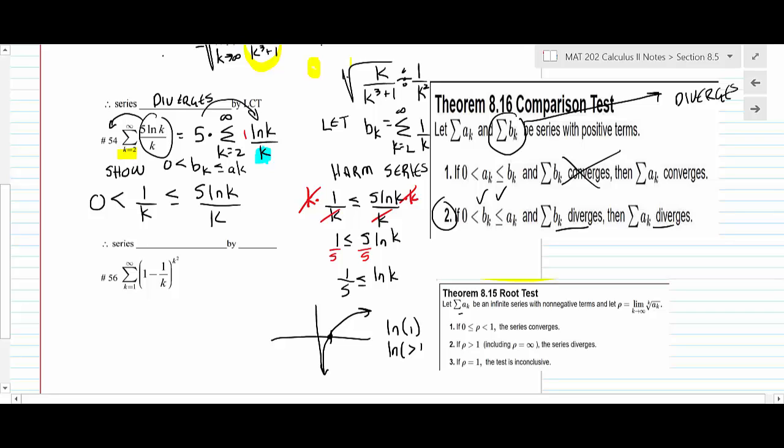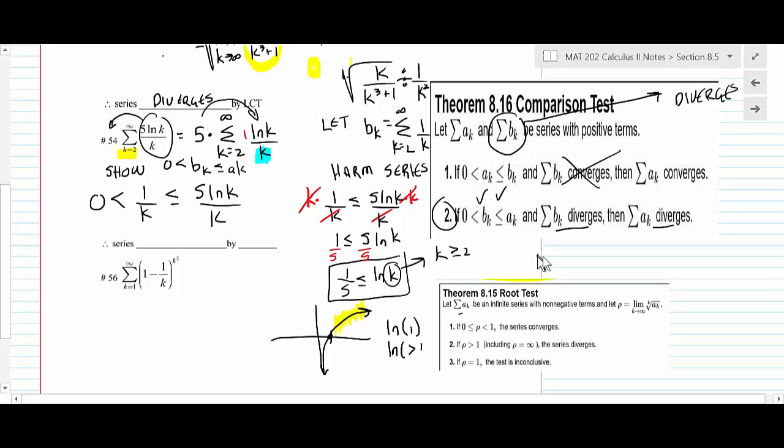Everybody agree? Okay, so if k is greater than or equal to 2, would that be true? Absolutely, because if you do the ln of 2, you're going to be in this positive part of the graph, okay, like that. And if you finished that a little bit, you could even write this in exponential form.